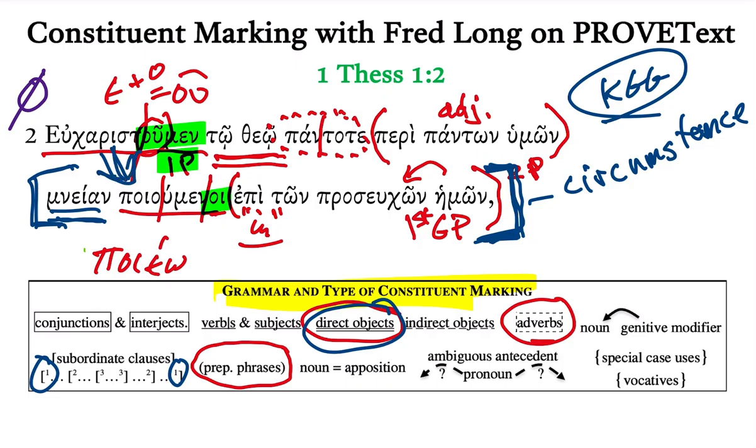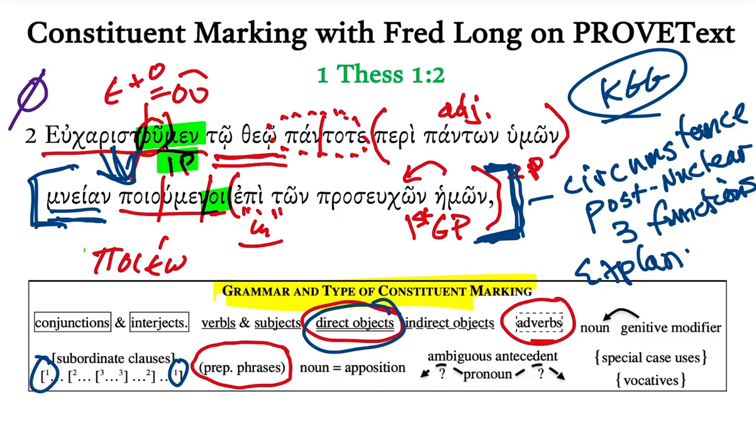So this is called post-positioned or post-nuclear, and there are three possible functions, and one of the functions is explanatory, and that's what we have here, a nice explanatory participle. What that means is that this making remembrance is explaining more about the giving of thanks. So this giving of thanks to God is filled out by this explanation.